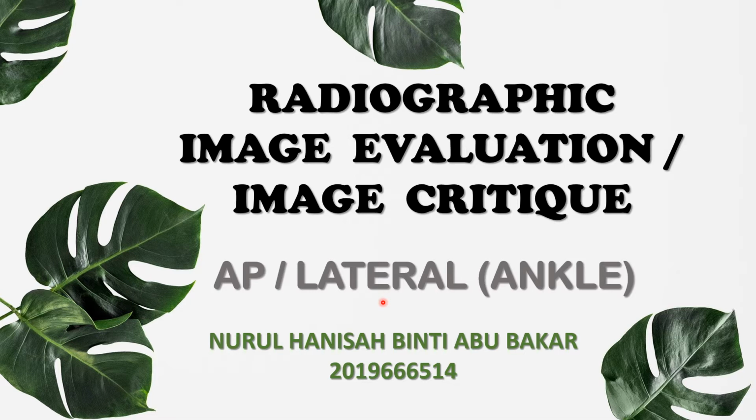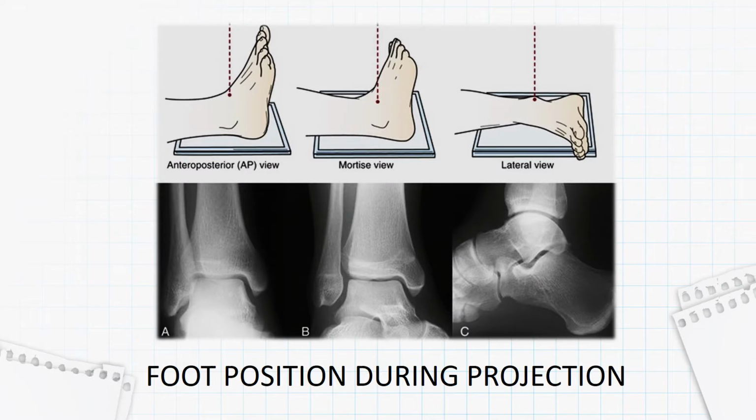Today I'm going to present the image evaluation of the AP and lateral ankle. As you can see here, this is the foot position during the projection of the ankle. So this is the AP view, and this is the outcome of the AP view of the ankle.